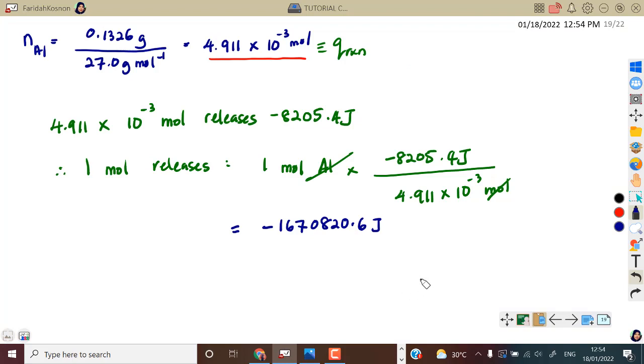So you tukar dulu kepada kilojoule. Maksudnya ini sama dengan negatif 1670.82 kilojoule. So apa yang kita kira ni sekarang, actually this is the enthalpy of combustion. Jadi, apakah unitnya kat sini?